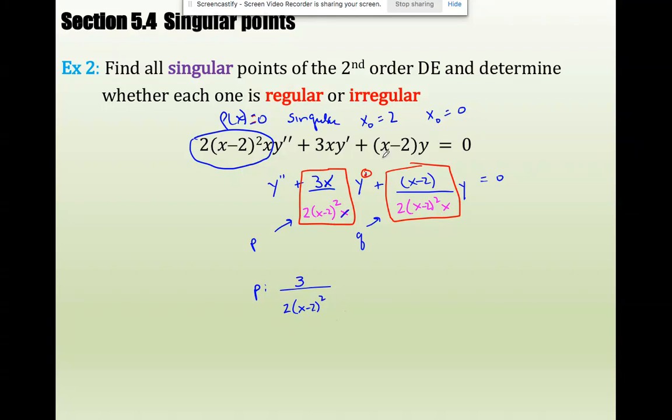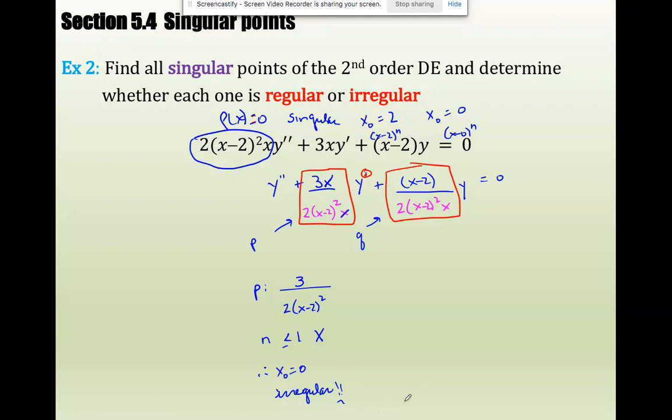What does the power on x minus 2 have to be? n has to be less than or equal to 1. Fail. Don't bother to check that one. Therefore, irregular, I don't have any hope for that one.